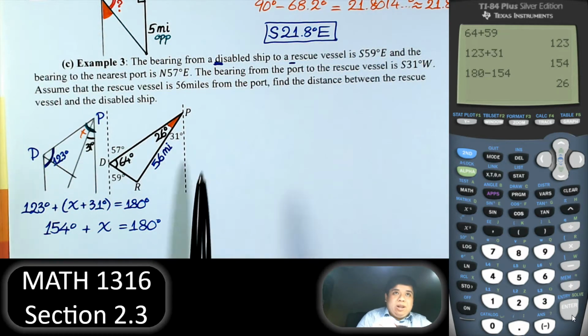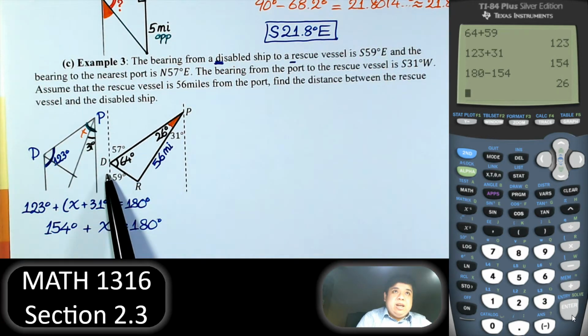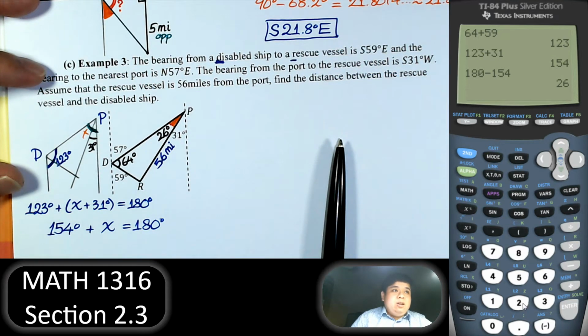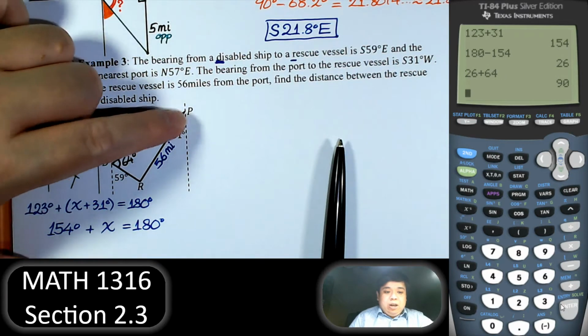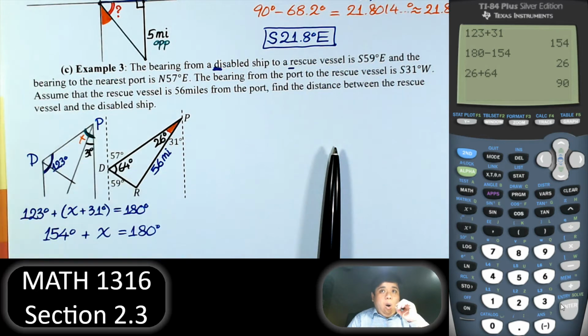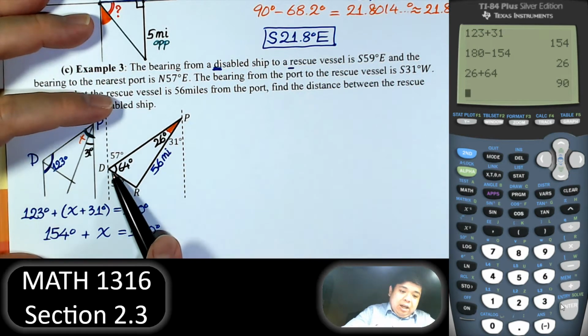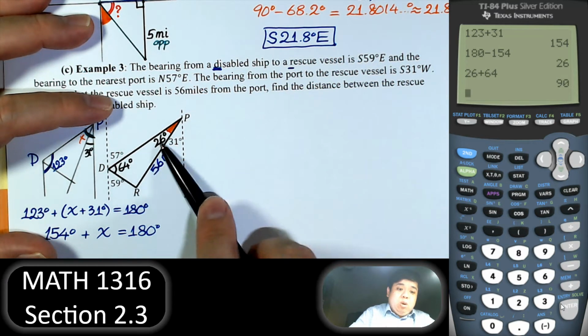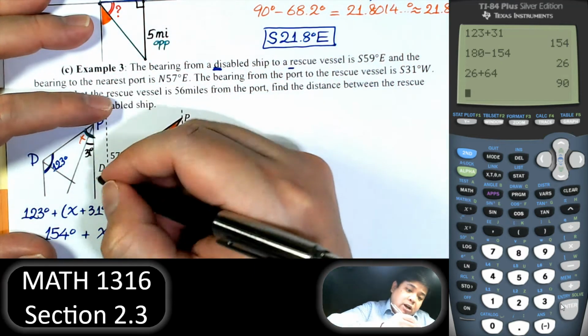Now we know 26 degrees there, 64 degrees here. 26 plus 64 is 90 degrees. In this triangle, all angles add up to 180 degrees. So angles D, R, and P add up to 180 degrees. Two of them add to 90, meaning the remaining will be 90 degrees.